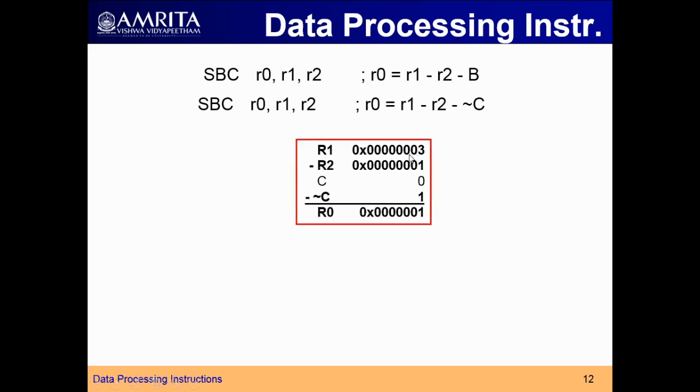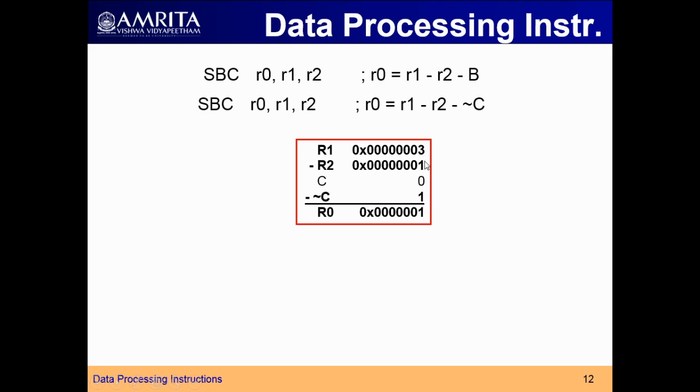Let us take one example. My R1 is 3, R2 is 1, carry is 0. Carry 0 means borrow is there. Borrow will be not of C, which is 1. So the operation is R1 minus R2 minus not of C, that is R1 minus R2 minus borrow.